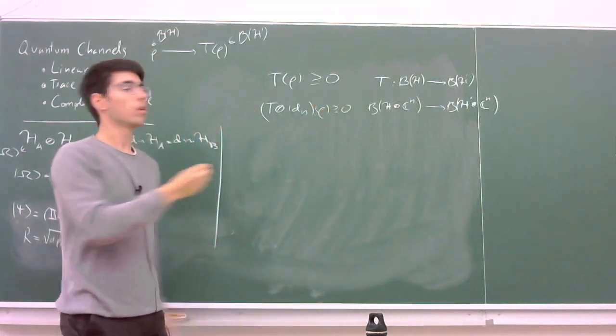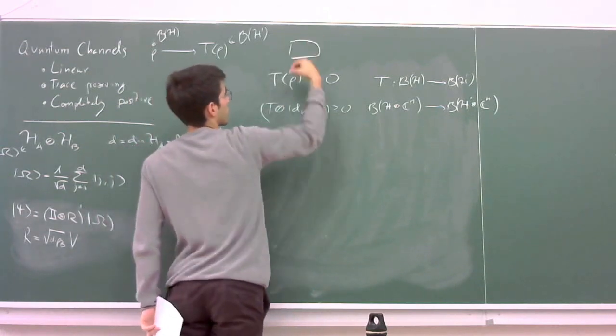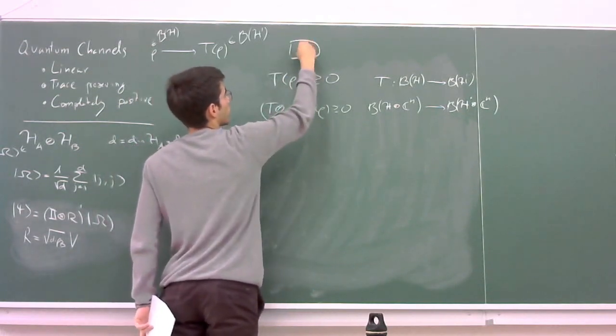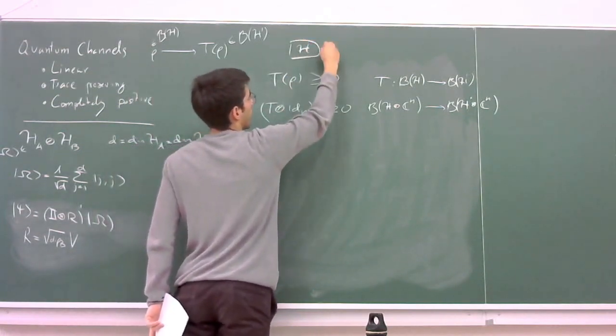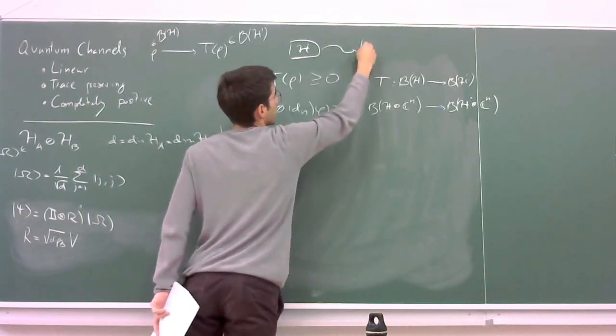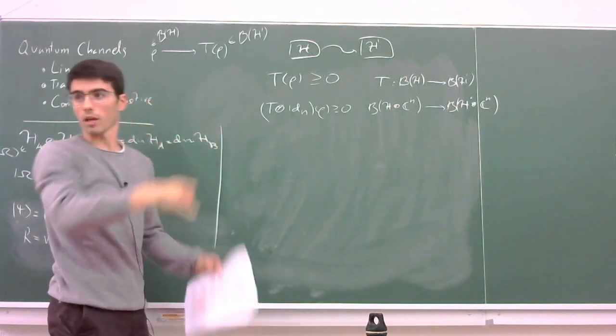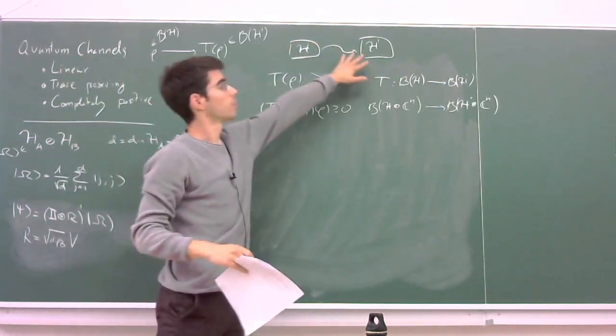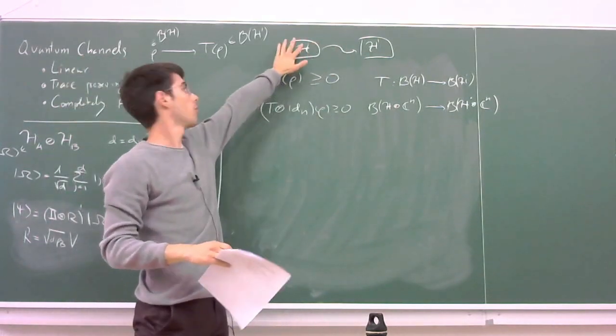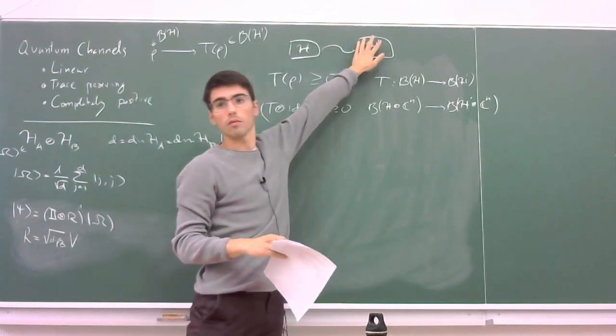Okay? So this is a channel that goes, the one above, goes from H, a quantum system, to a final quantum system. Okay? And this map is positive if for any positive operator here, you get a positive operator out there.